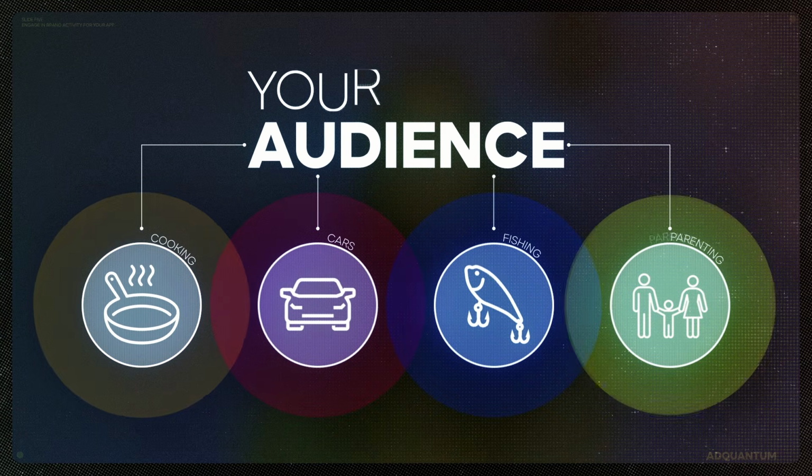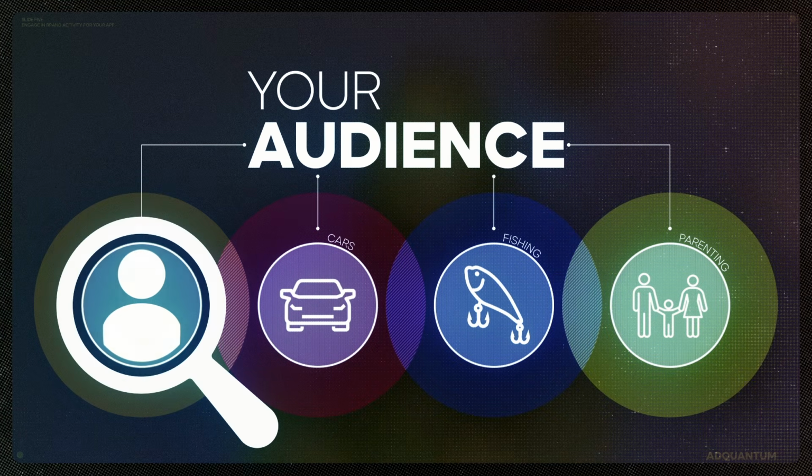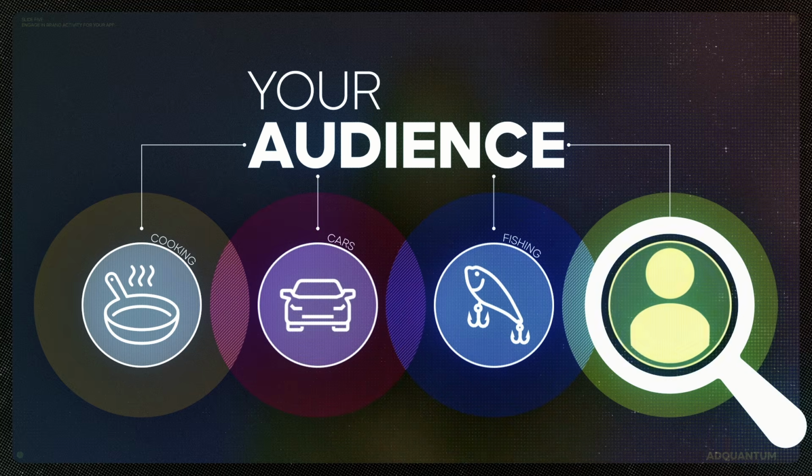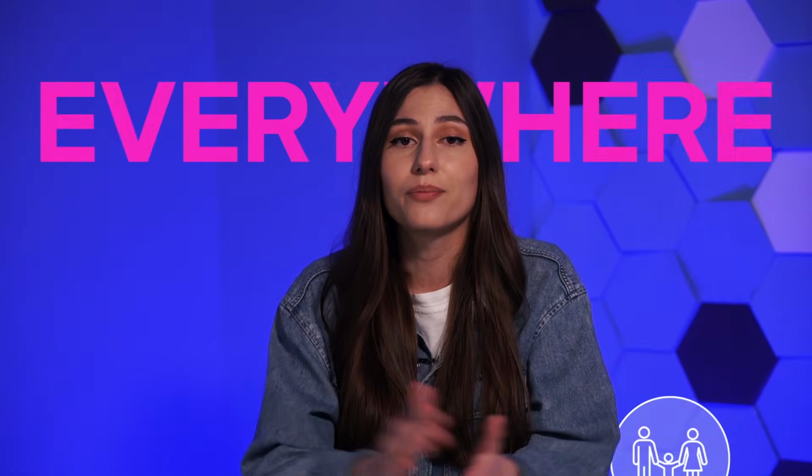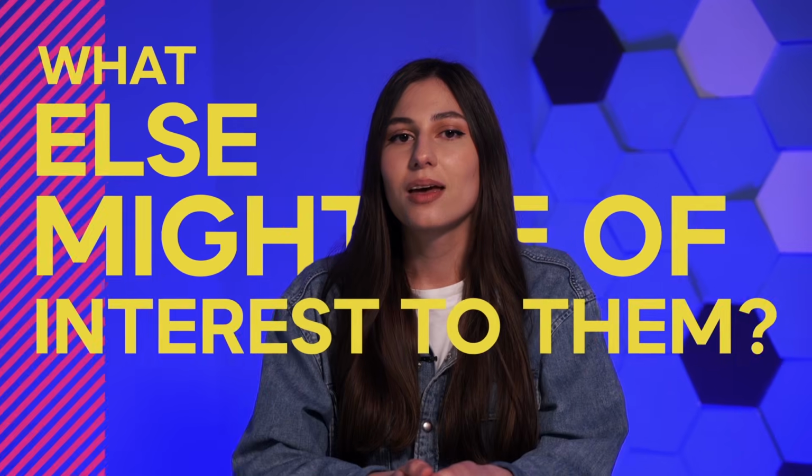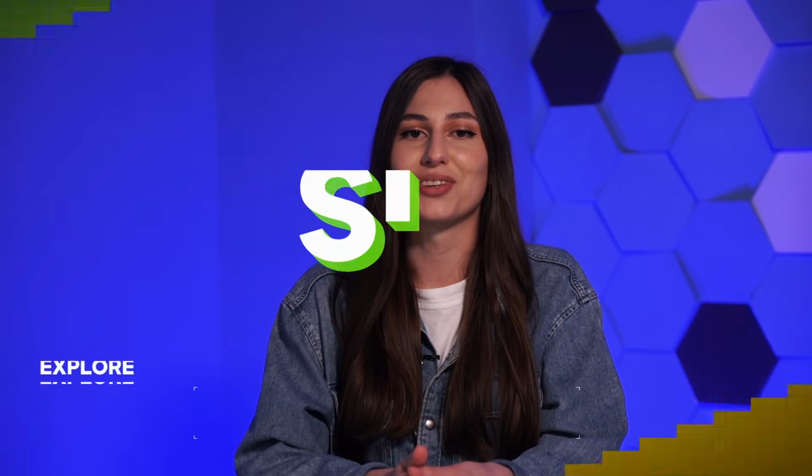Your audience exists on blogs about cooking, cars, fishing, parenting, basically everywhere. The main thing is to perfectly know the audience of your app. When you know your users, you only need to ask yourself a question: what else might be of interest to them? This is how you find the best influencer for your app promotion.